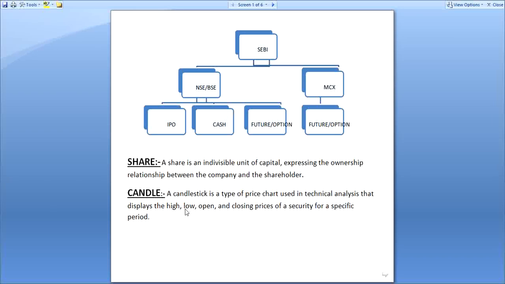The candle shows you at what high the price went, at what low the price went, and where the price opened and closed that day. If you choose a 1 day candle or a 15-minute candle, then whatever happened in that period is shown by the candle. The specific period can be 1 day, 15 minutes, 1 minute, 1 month, whatever it is.